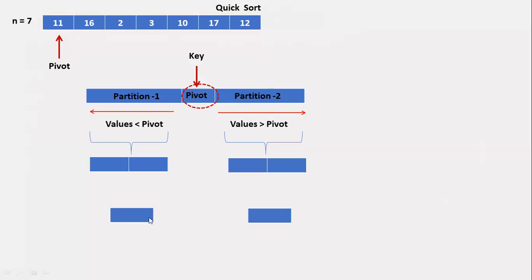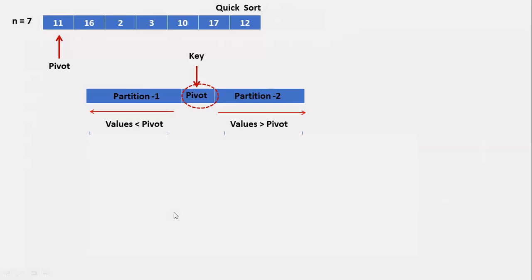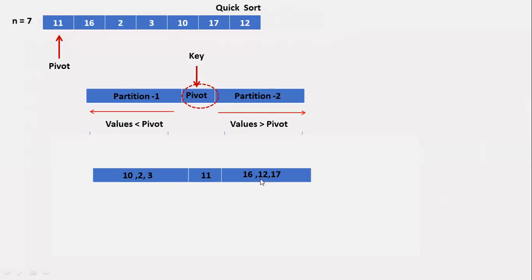If we consider 11 as the pivot element, then 10, 2, 3 will be to the left of this 11, and similarly 16, 12, 17 will be to the right of this particular 11.